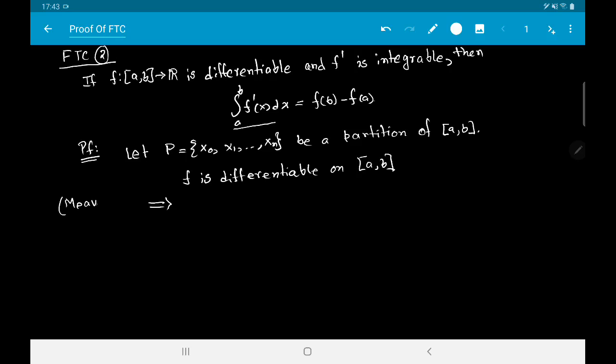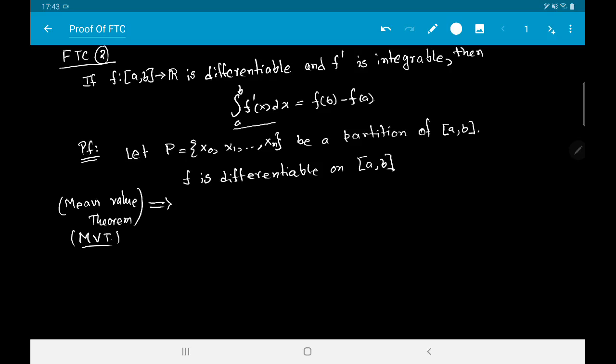To make things shorthand, I am going to refer to it as MVT in lectures to come. Okay, so what does the mean value theorem now tell us?